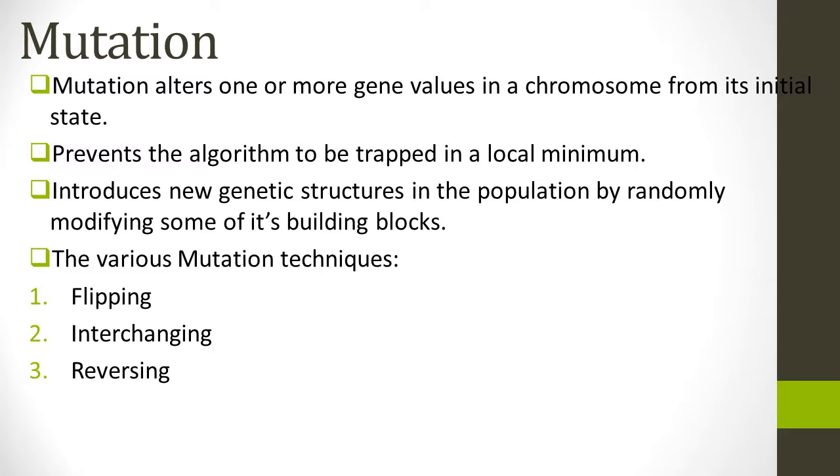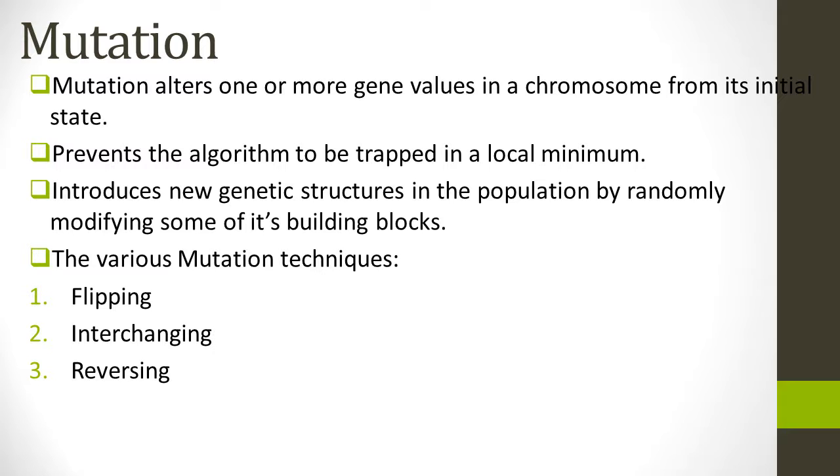Large mutation rates increase the probability of destroying good chromosomes. The user-defined mutation rate determines the probability that mutation will occur. For example, if the population size is 100, the string length is 20 and the mutation rate is 0.001, on average only 2-bit positions will alter in the whole population.